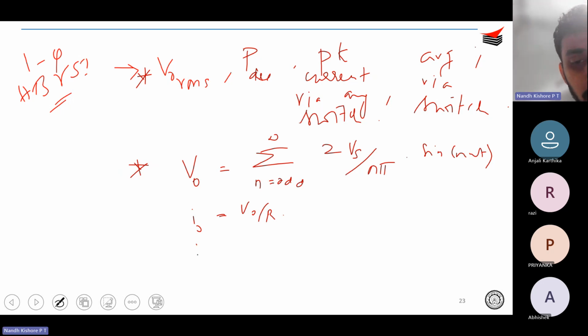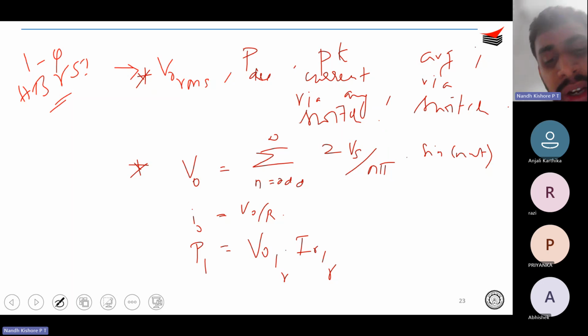If someone asks you to find the total power, it will be V naught I naught. If someone asks you the fundamental power or the useful power, it will be V naught 1 into I naught 1, RMS values of course, into cos phi. Over here you have a resistive load, therefore cos phi is 1.